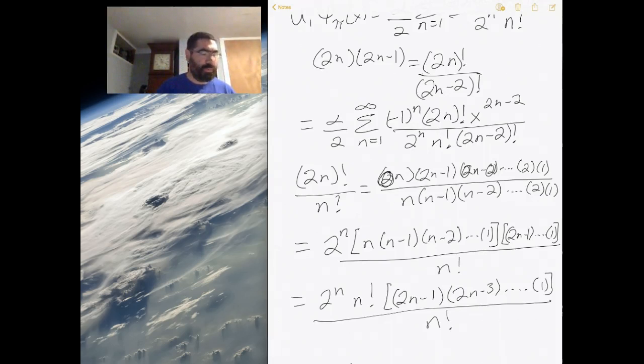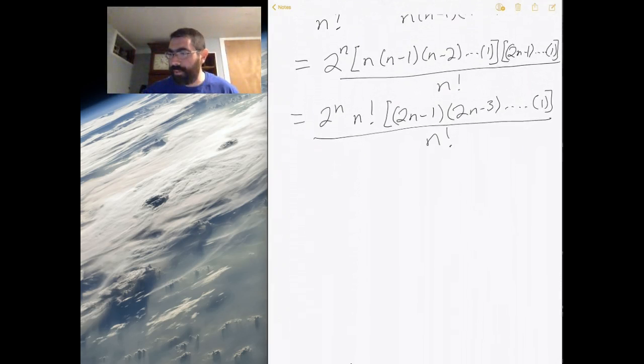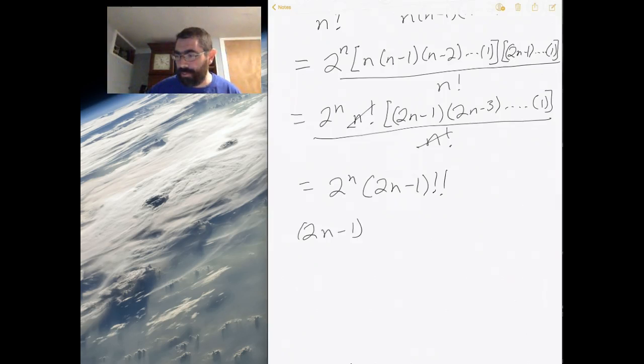Okay, so that basically cancels out the n factorial, and what I'm left with is 2 to the n power times the product 2n minus 1, which looks kind of like a double factorial. This double factorial is basically the product of all the odd terms: 2n minus 1, 2n minus 3, dot dot dot, down to 3, and then 1.